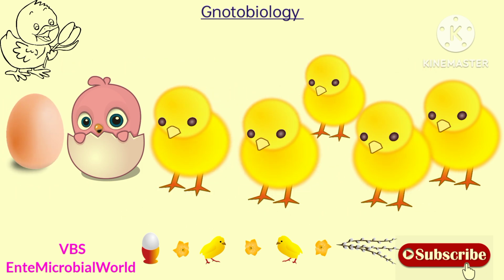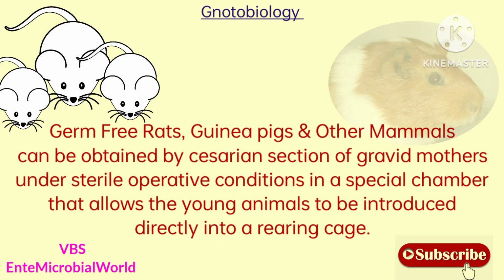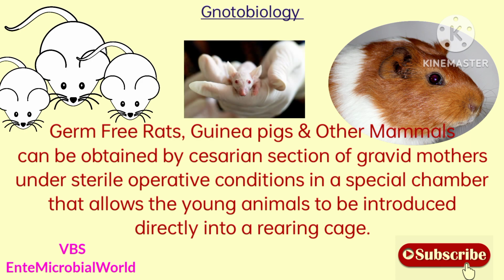Up to this, we learned how germ-free chicks are produced. Next, we are going to see how germ-free mammals are produced. Germ-free rats, guinea pigs, and other mammals can be obtained by caesarean section of gravid mothers under sterile operative conditions in a special chamber that allows the young animals to be introduced directly into a rearing cage.